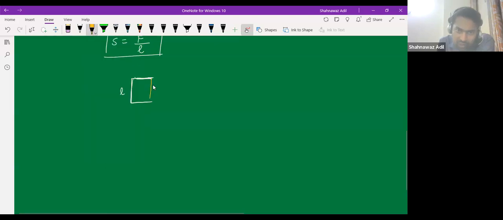This is the thin film, right? And the force will act in this direction, right? So the surface tension of this thin film would be how much? That would be simply F by l.